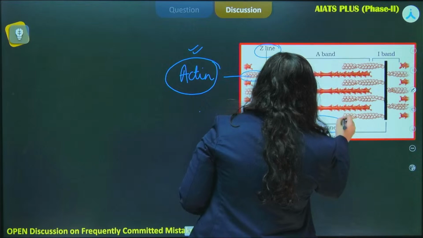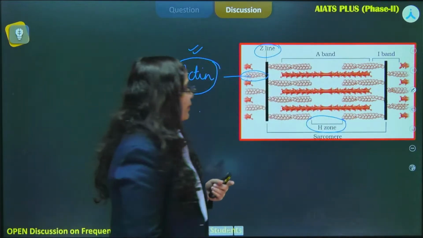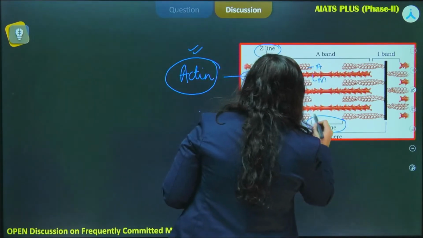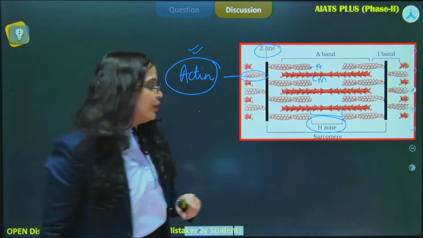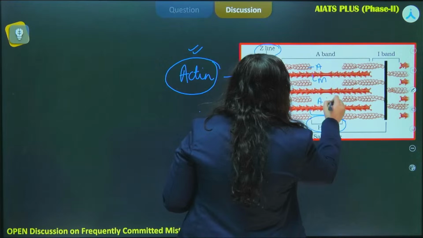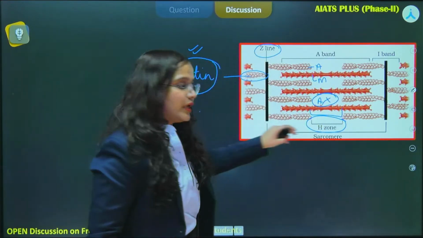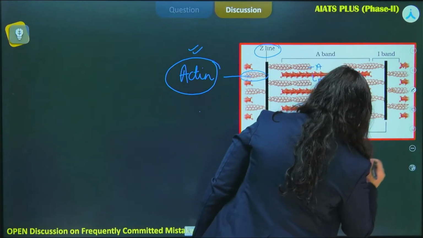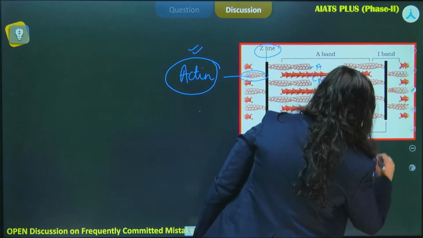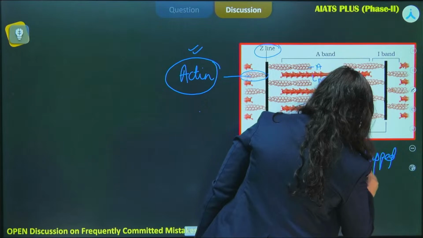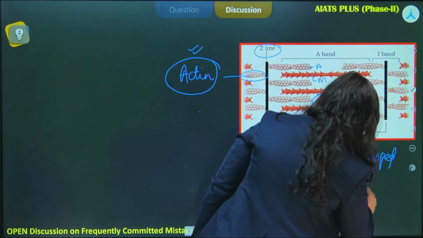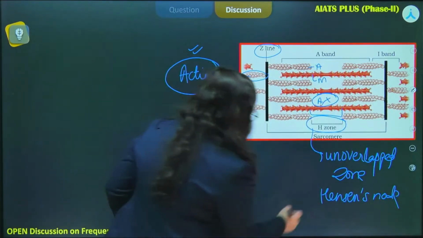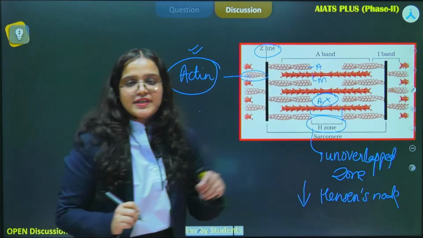We can see another labeling which says the H zone. So basically when you see the arrangement of actin and myosin, we can see that there is a zone where there is no overlap. Overlap in the sense there is no actin present here. So basically this unoverlapped zone is known as the Henson's node, and the length of Henson's node decreases during muscle contraction.